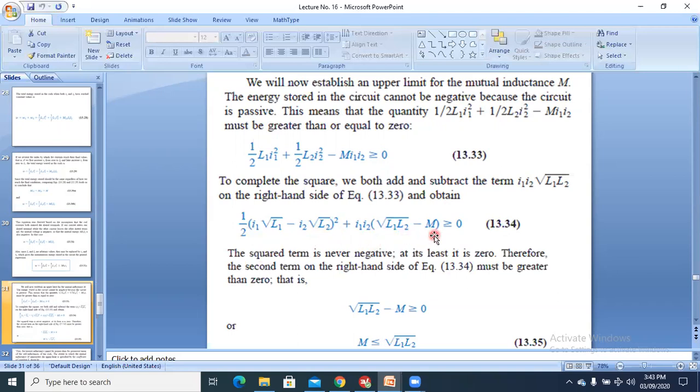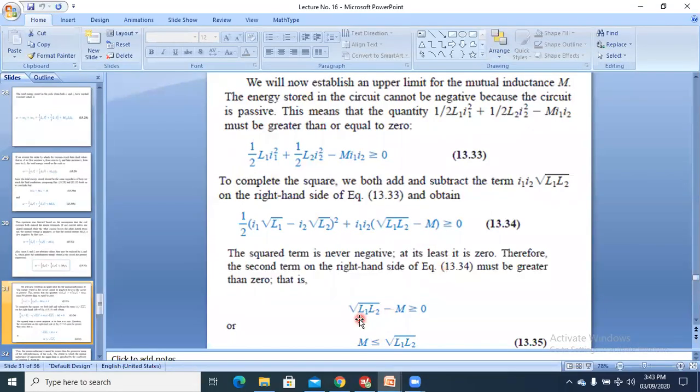The whole quantity cannot be negative, so this part, which is the square, also cannot be negative. So we can say that the second term must be greater than or equal to 0.